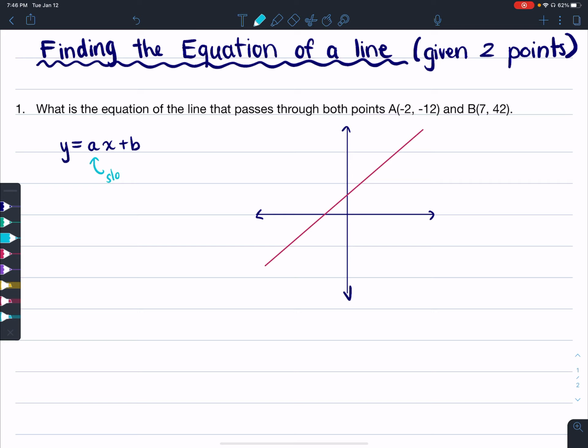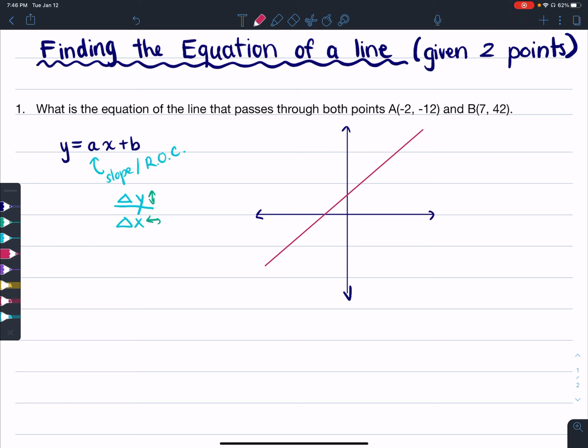We find that by doing the change in y over the change in x, so the vertical change over the horizontal change.